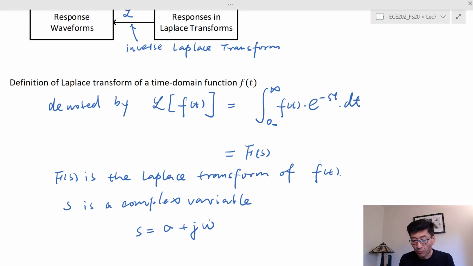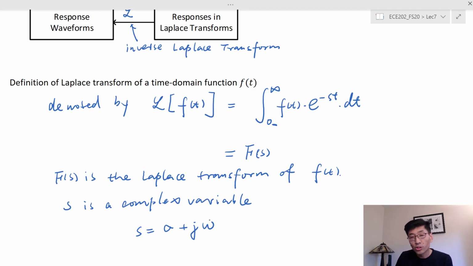I hope you really get the idea that it's not just a mathematical transform. This is really used not only in the academic world but also in industry. You transform, you model things in the S domain, and you do the Bode plots. Later we'll see this. So this is a very useful tool, very foundational to a lot of things we do in engineering in general.